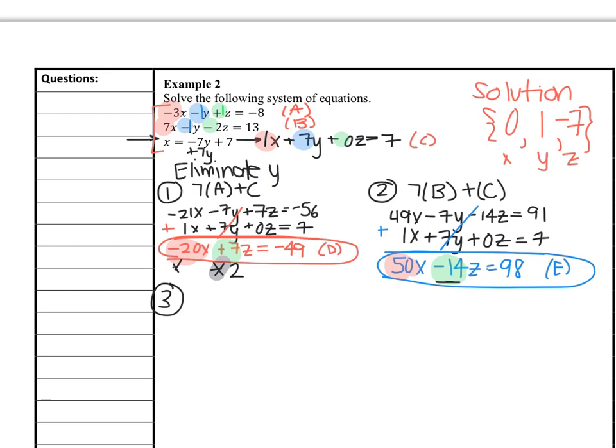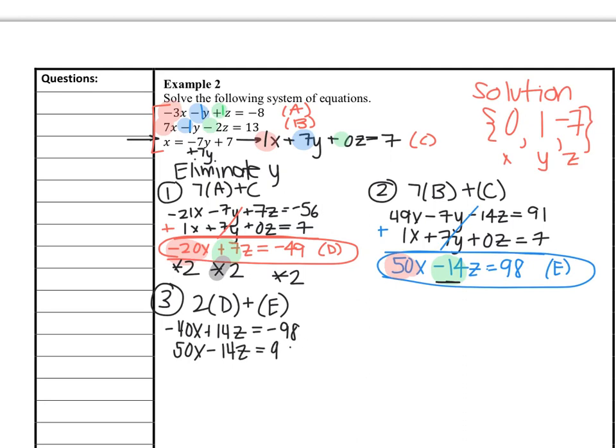Okay, so we're going to multiply this whole equation, every piece of it, by 2. So it's 2 times equation D plus equation E. All right, so that gives me negative 40x plus 14z equals negative 98. And then 50x minus 14z equals positive 98.